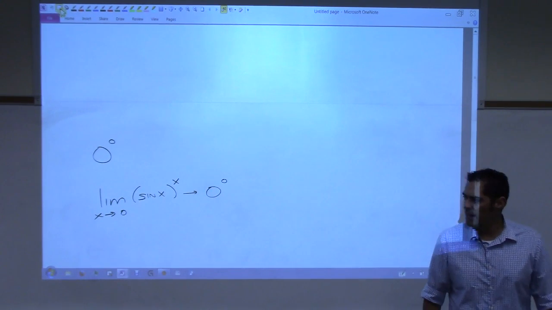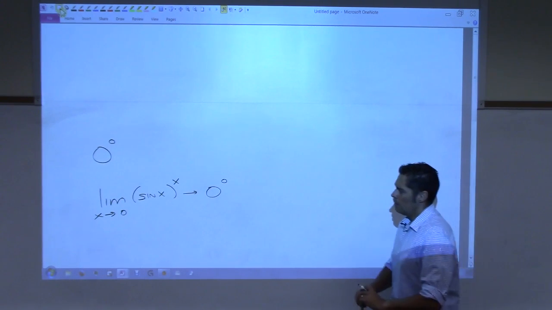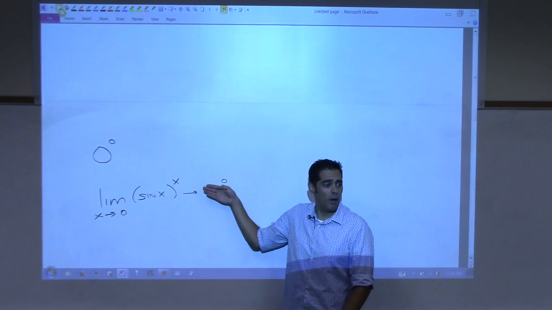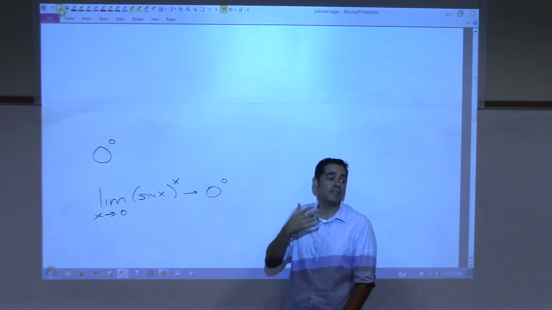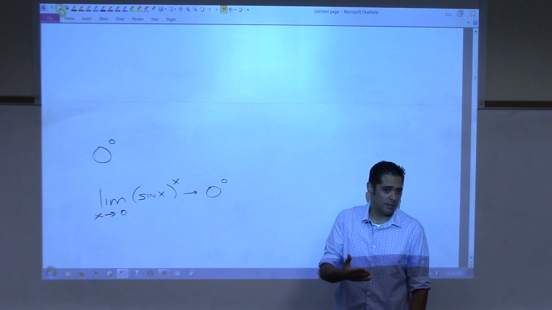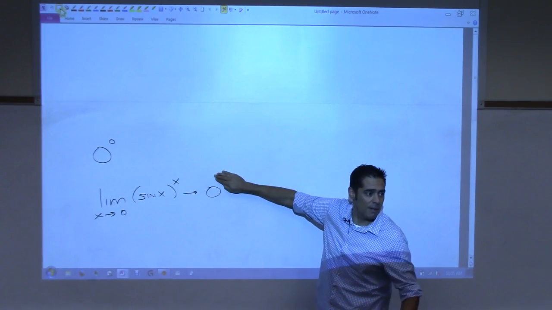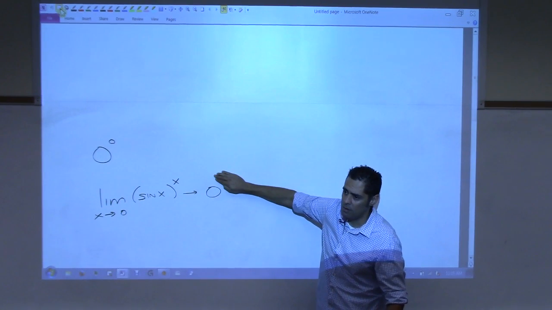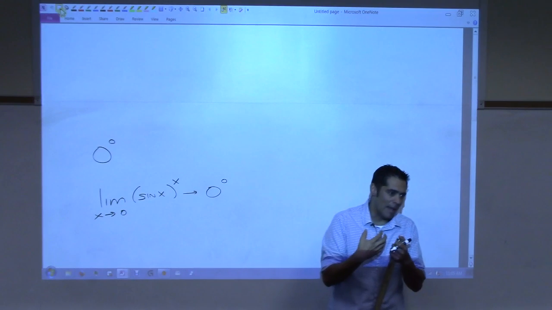Now, why is that an indeterminate form? Anything raised to the 0 should be 1, right? But see, the thing is, it's not 0. It's close to 0, but it's not. Understand? Yeah. On the other hand, if I take 0 and raise it to any number, it should still be 0. So you have a tug of war happening here. The base is like, I would like to be 0.